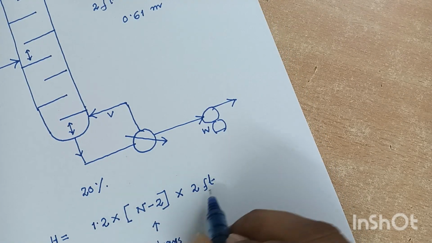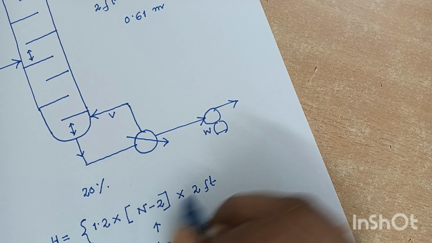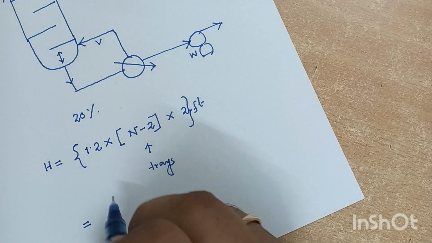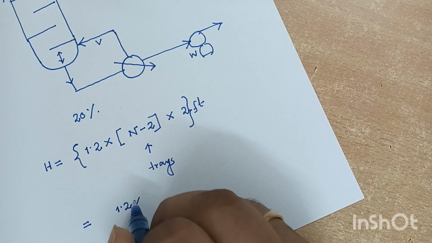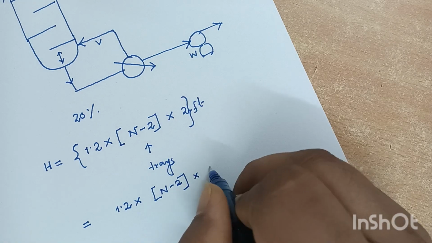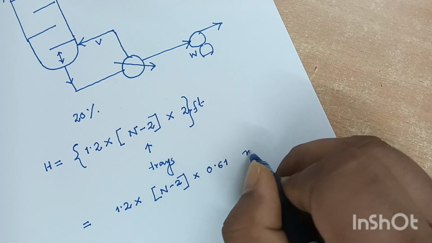So this should be the height of the distillation column in feet. If someone is more comfortable in meters, it is going to be 1.2 multiplied by (n minus 2) multiplied by 0.61 meter.